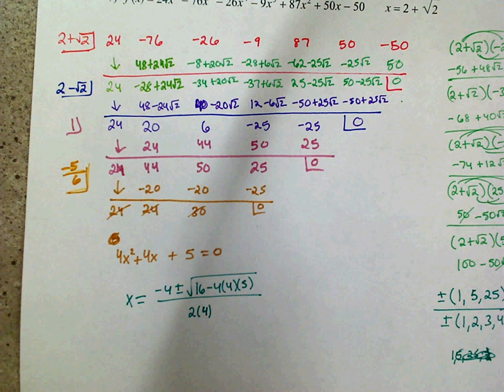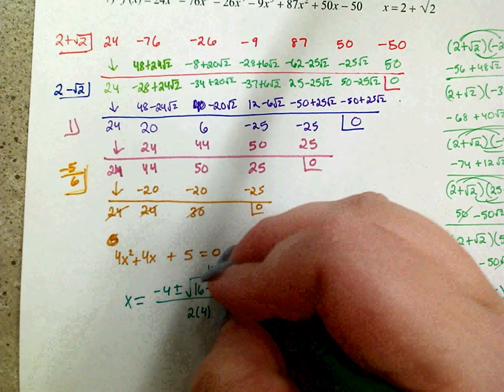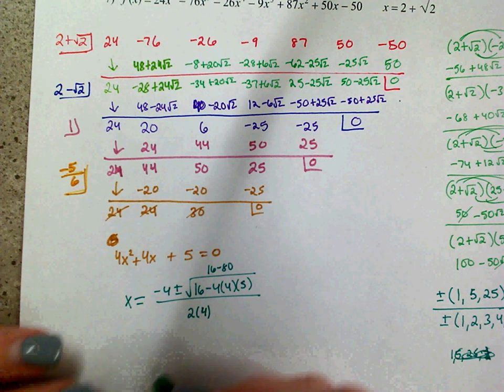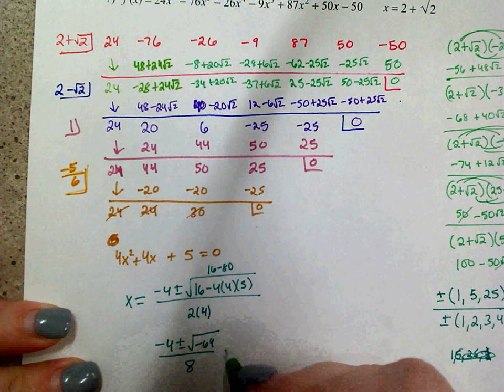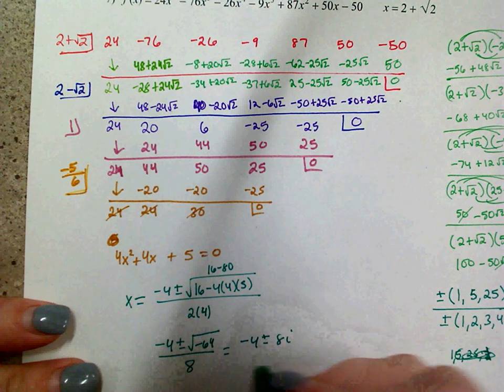So 16 minus 80 is negative 64. So negative 4 plus and minus the square root of negative 64 over 8. Square root of negative 64 is 8i. And then divide everything by 4. And that gives me negative 1 plus and minus 2i all over 2.